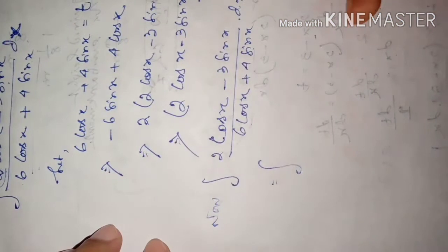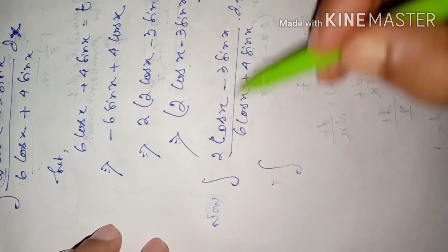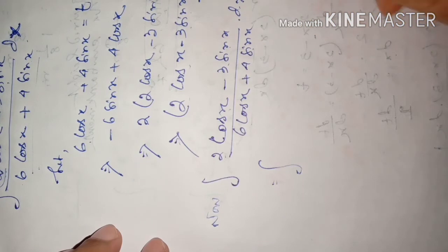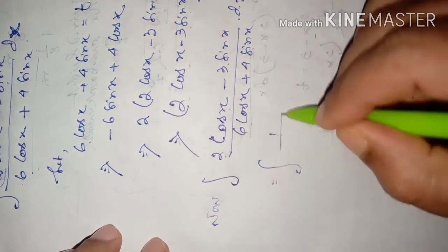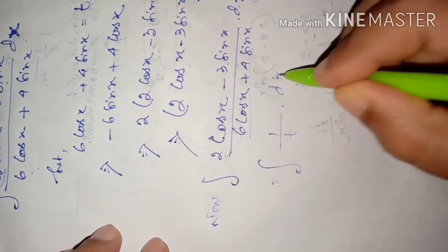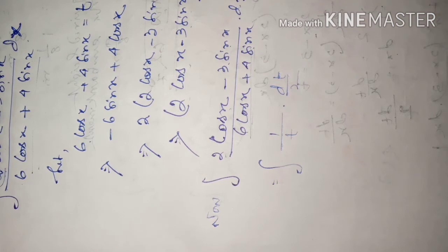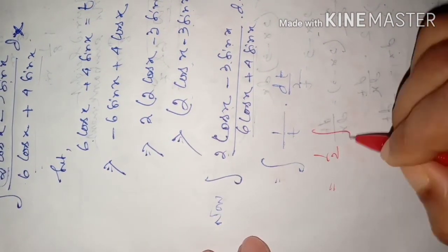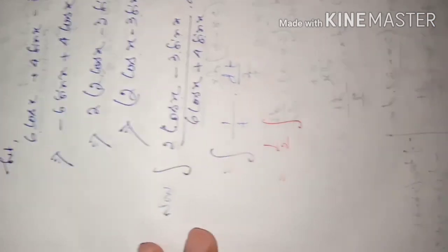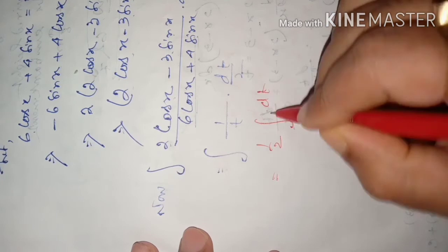That means this dx into 2 sin cos x minus 3 sin x, 2 cos x minus 3 sin x into dx is equal to dt by 2, and this is t only, so it will be 1 by t into dt by 2. Okay, so now we'll get 1 by 2 as a constant number, it is a coefficient now, so dt by t.